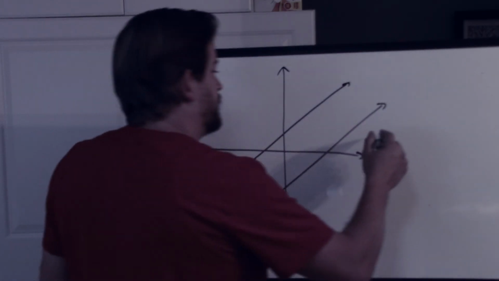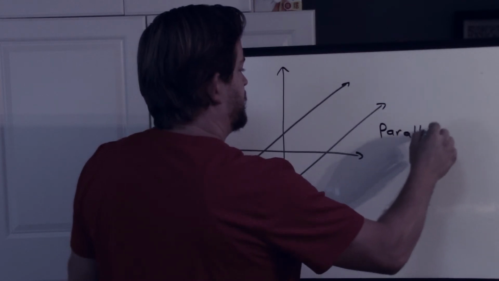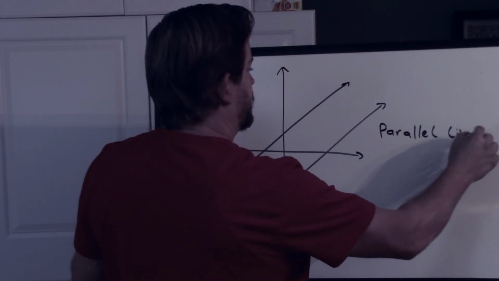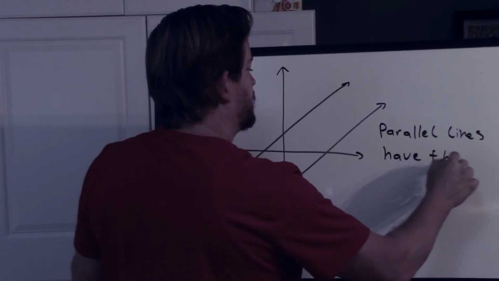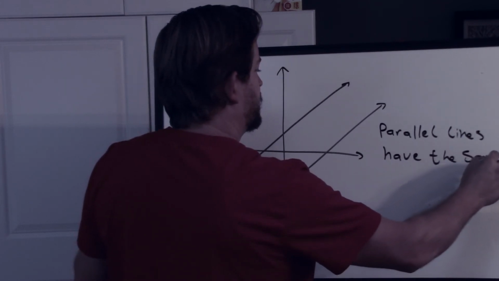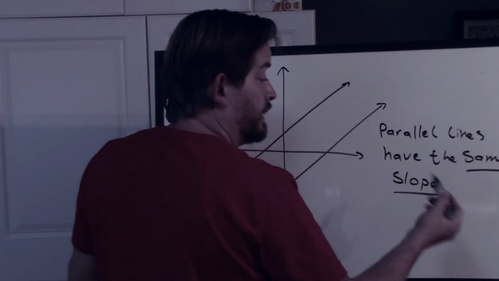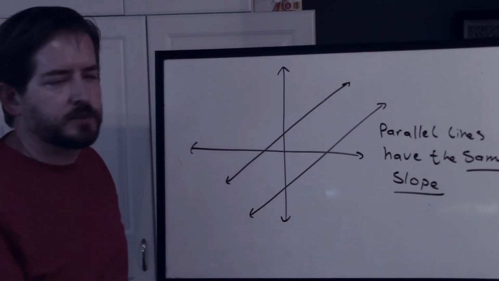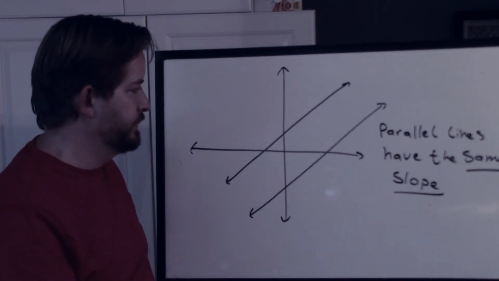And so these are indeed parallel lines. And they have the same slope. Necessarily, they have to have the same slope in order to be parallel lines.